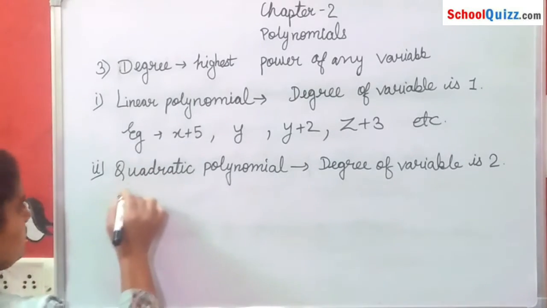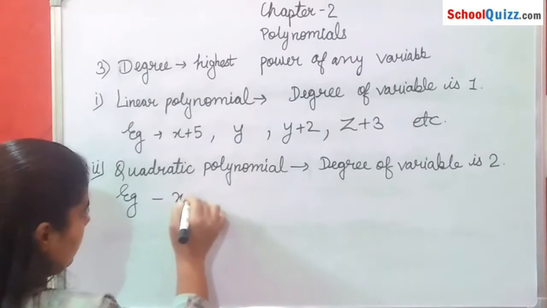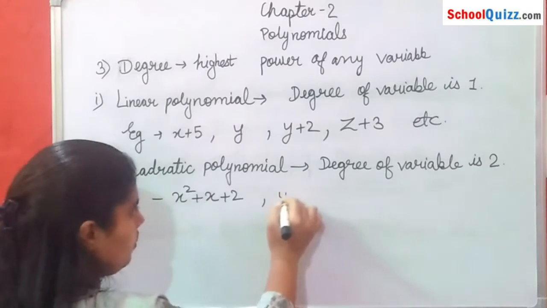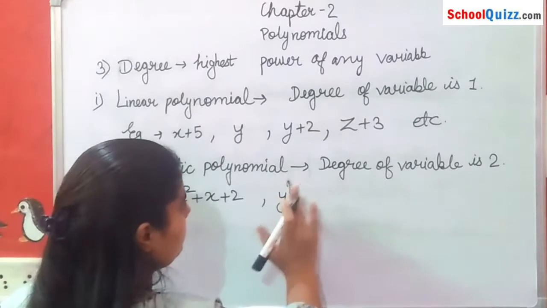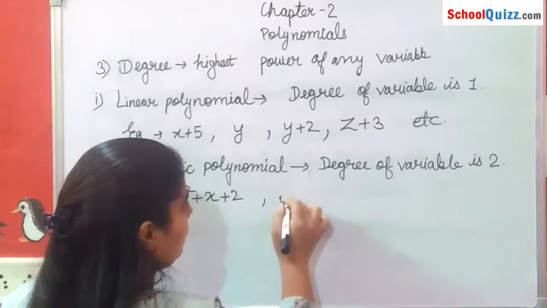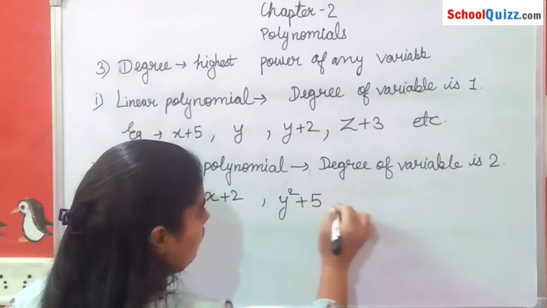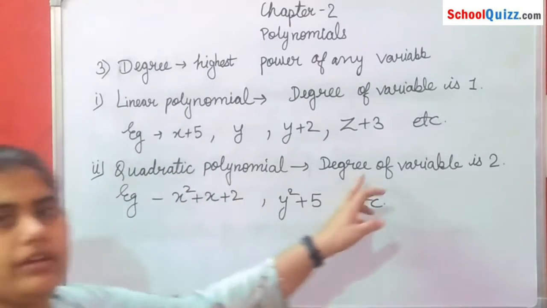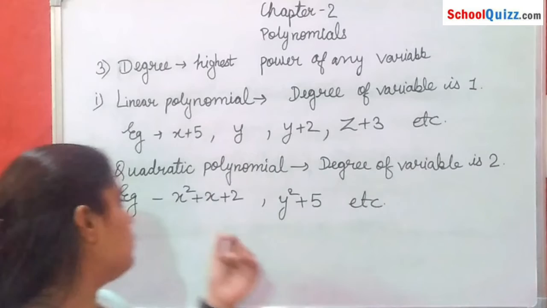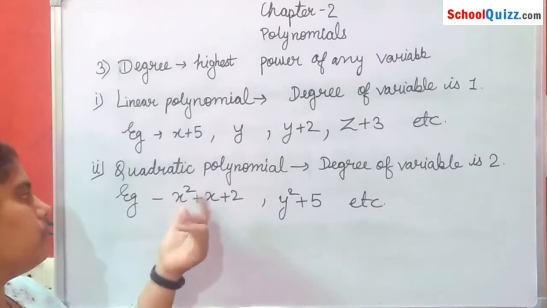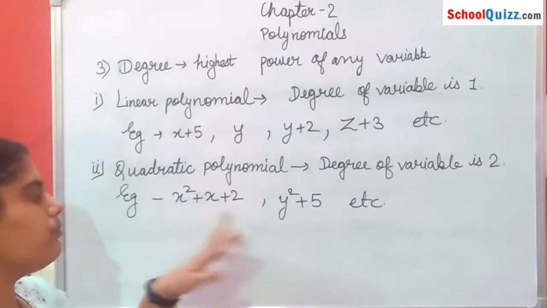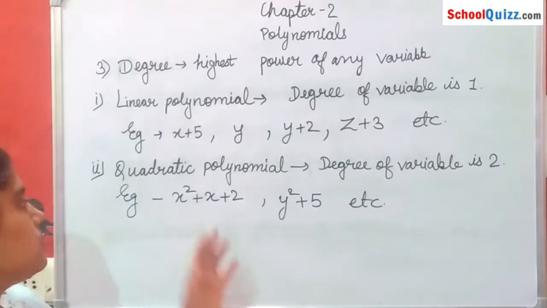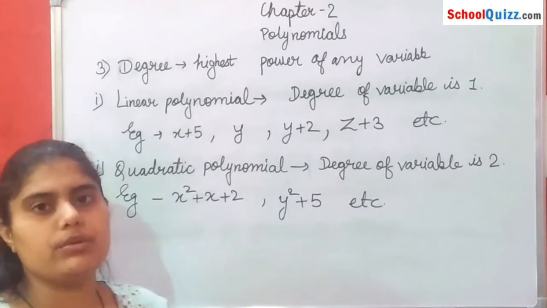For example, x square plus x plus 2, y square plus 5, etc. Here the highest degree of the variable x is 2, and here the degree of variable y is also 2. So in a quadratic polynomial, the degree of the variable will be 2.